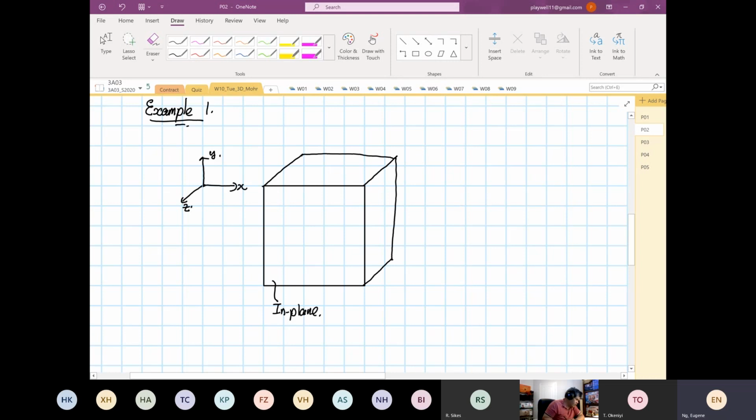Okay. So we have a normal stress running at 120 megapascal. Okay. And then Y, we have a compression going down at 60 megapascal. And then stress Z, nothing. Okay. However, for this case, we have a shear.